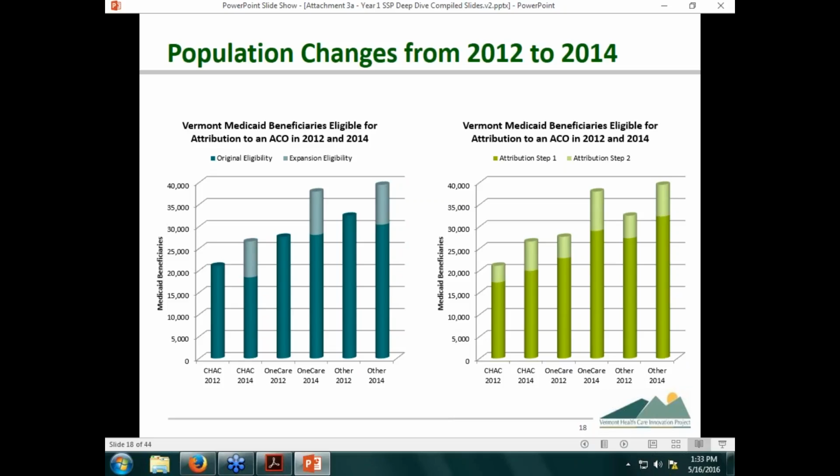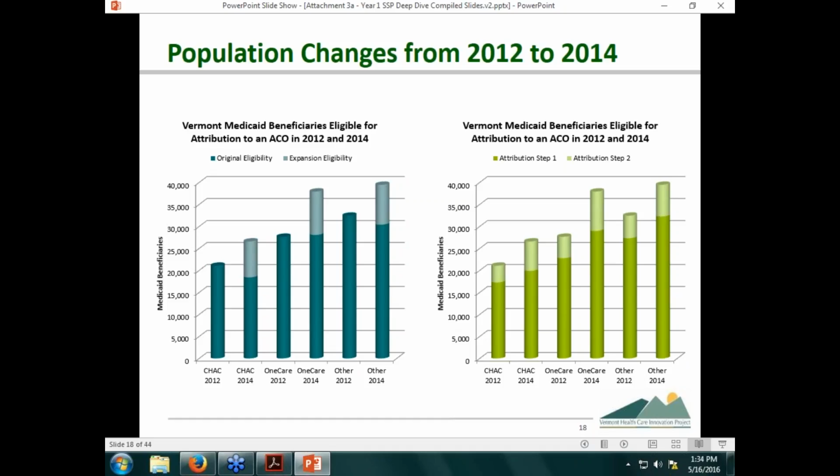So pretty much we're just seeing population growth across the board in the group that would be eligible for attribution to check, the group for attribution to OneCare, and then this other group would be otherwise eligible for attribution. So overall, our populations are getting larger, and that new group is accounting for approximately 20 to 25% of each of those group populations.